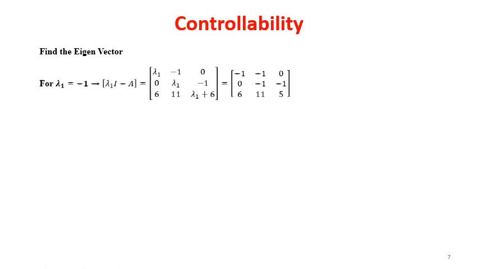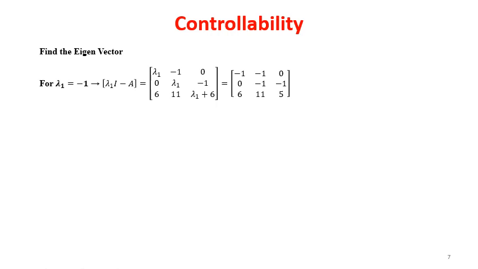Next, we find the eigenvectors of the matrix using lambda 1, lambda 2 and lambda 3. For lambda 1 equal to minus 1, in lambda I minus A we replace lambda by lambda 1. So it will be lambda 1, minus 1, 0; 0, lambda 1, minus 1; 6, 11, lambda plus 6.